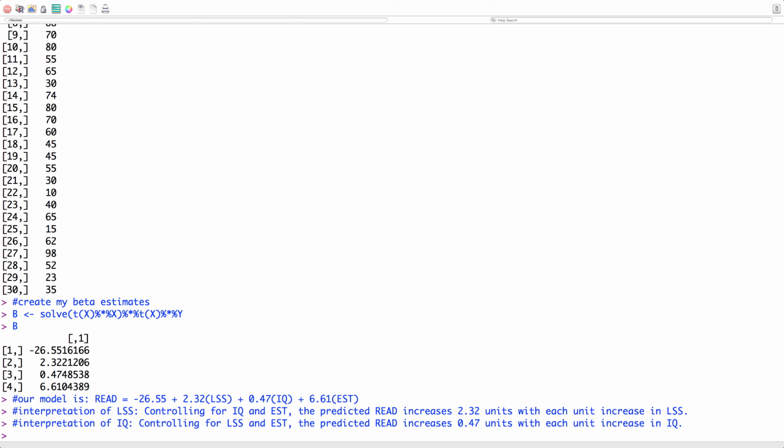Guys, similarly for EST, I'm not going to write it, but it would be controlling for LSS and IQ. The predicted read increases 6.61 units with each unit increase in EST.